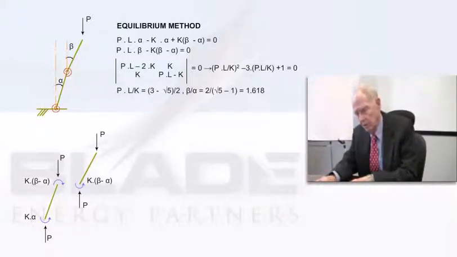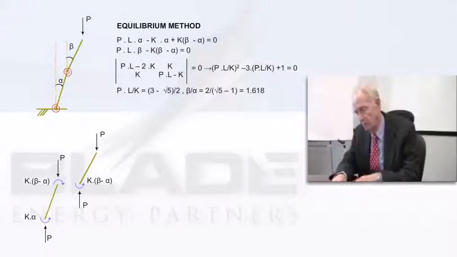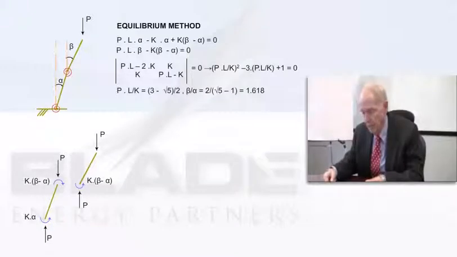And that's what happens in design. You design something and you assume that the load goes on gradually, and you hope it never gets to the buckle load if you've tried to design some kind of a structure.